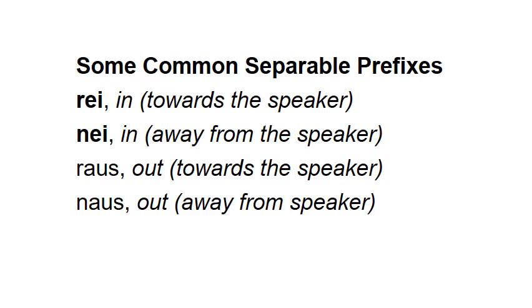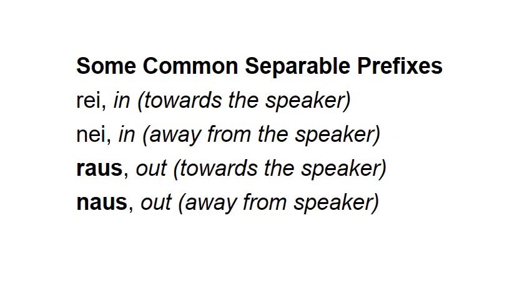So when you use rai, it means in, but towards you, towards the speaker, or towards some character. Rai means in towards the speaker, and nai means in, but going away from the speaker. So in Pennsylvania Dutch, you have two ways of saying in, rai and nai, or two separable prefixes to say in.